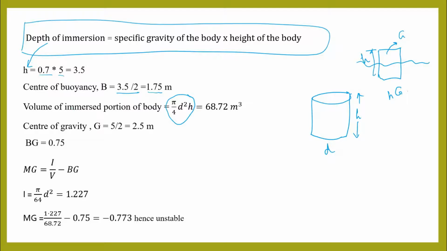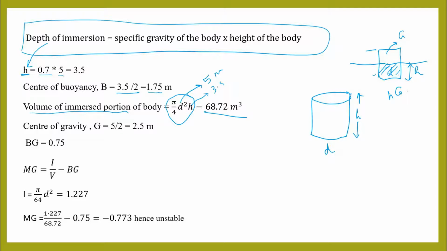Here we only need the volume of the immersed portion, so small h is the depth of immersion, and d is the diameter. So pi by 4 d square into h is the volume of the immersed portion of the body. Substituting the diameter d as pi meter itself and small h as 3.5, you will get the answer as 68.72 meter cube.